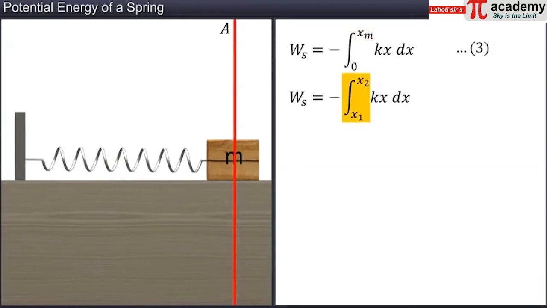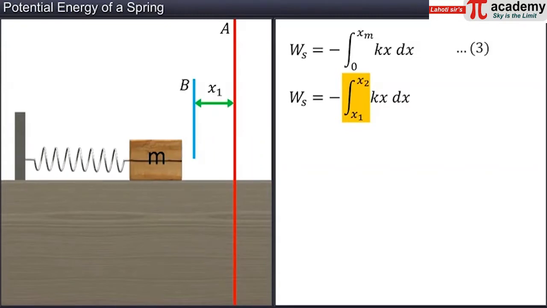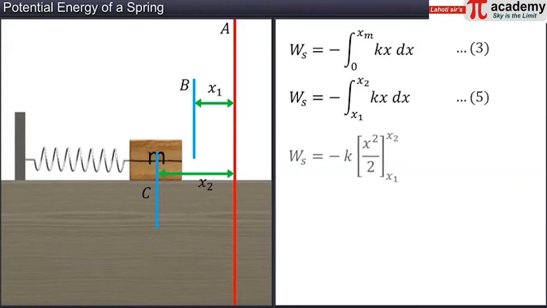Instead, if the initial displacement is x1 and the final displacement is x2, then the work done W by the spring force would be equal to the negative of integral kx dx in the limits x1 to x2. Let this be equation 5.